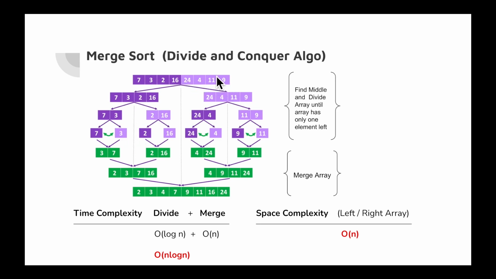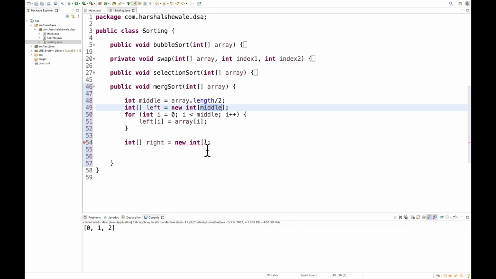So the size is nothing but the entire array dot length minus middle. Whatever the remaining size is, that is the size of the right array, right? So let's do array dot length minus middle. This will be the size of the right array.